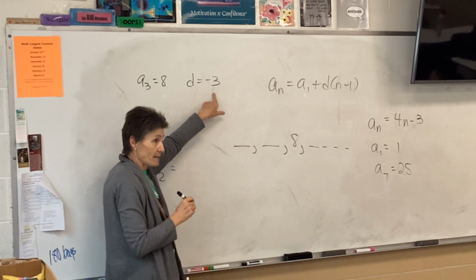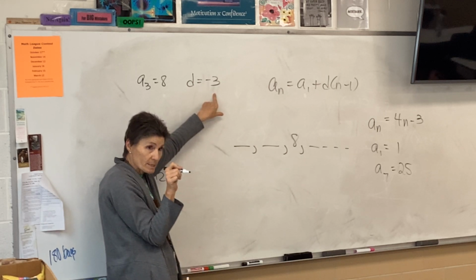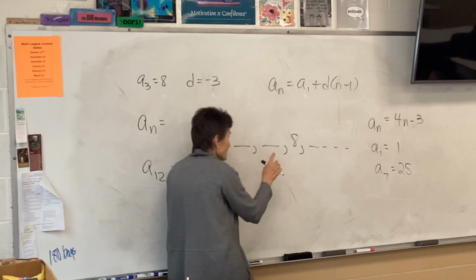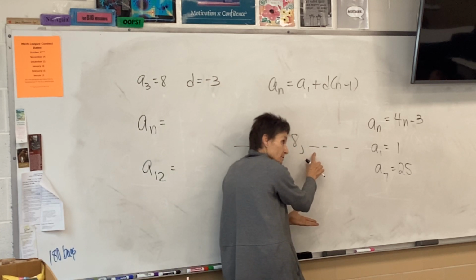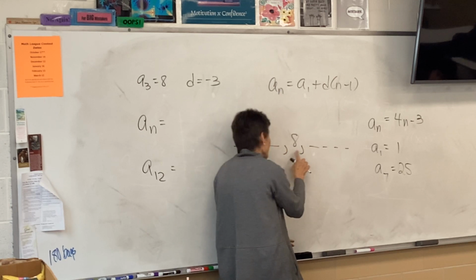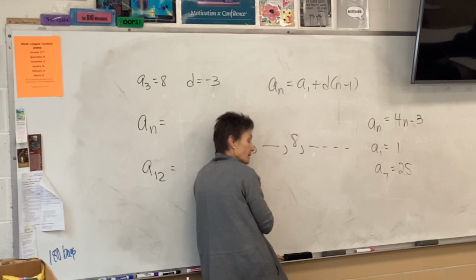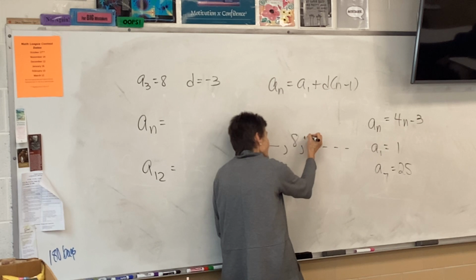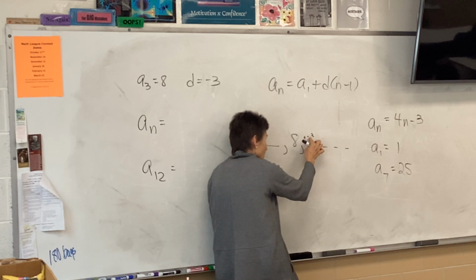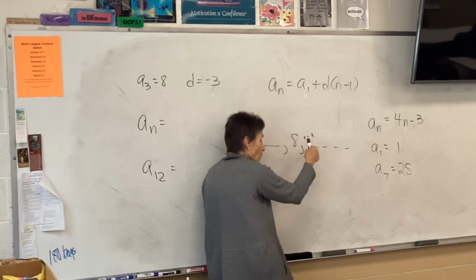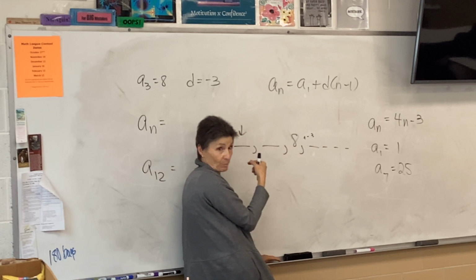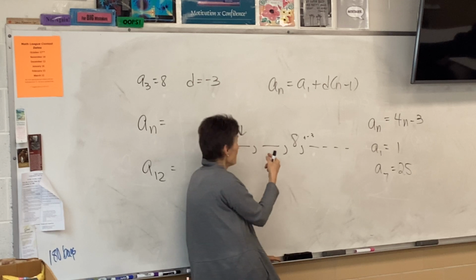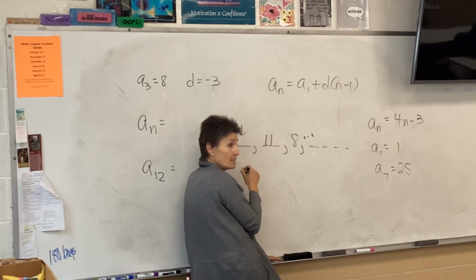If the common difference is -3, that means to get from here to here, I'm going to add -3. But if I really want to know where I started, I'm going the other way, so I am just going to add 3. Does that make sense to you? That this number would have been an 11, and this one is a 14.